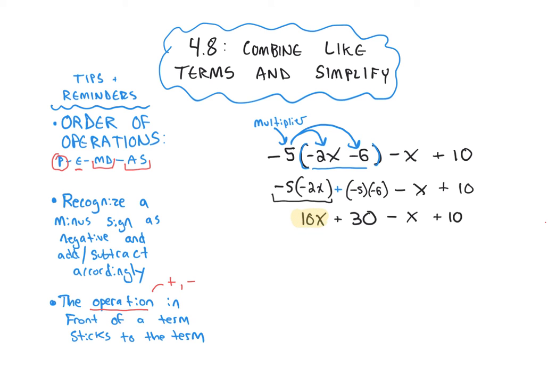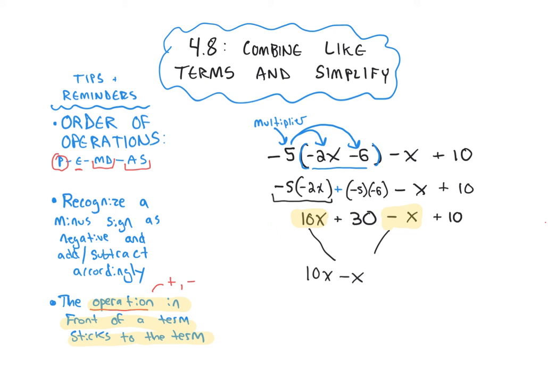All right, we have our 10x and then a negative x. Remember, the operation in front sticks with the term. So it's a negative x. And we can bring those down together. So I'll say 10x minus x.